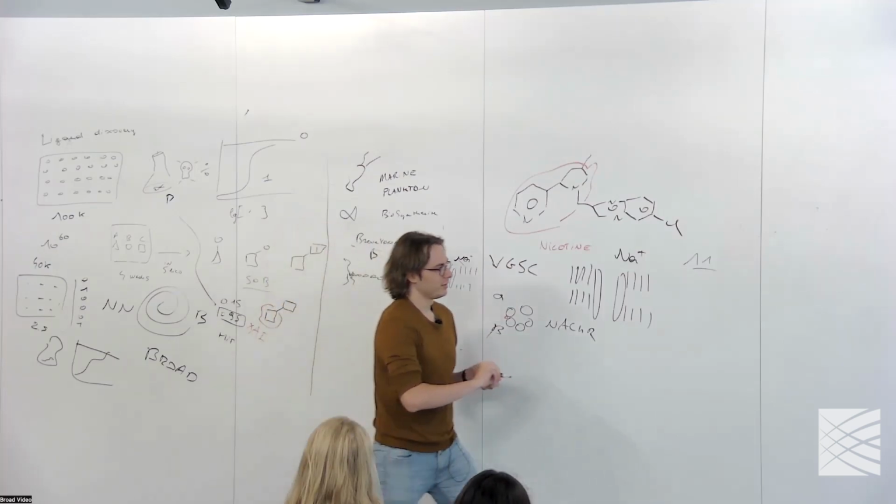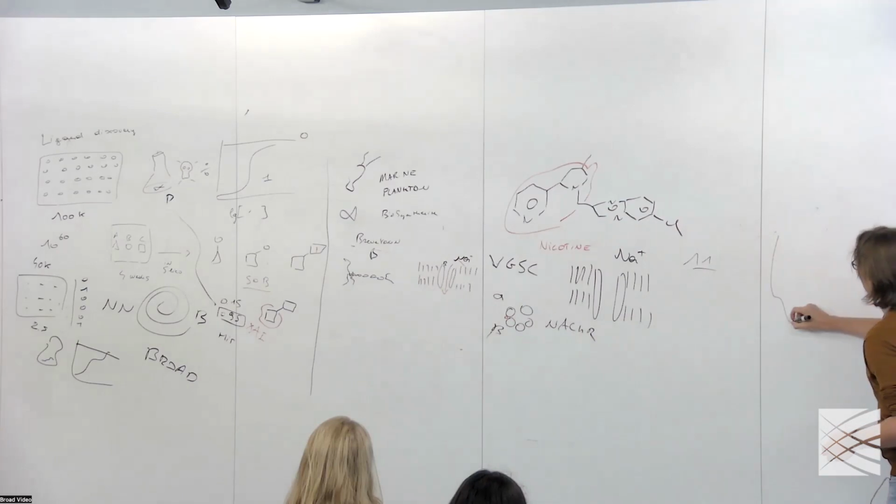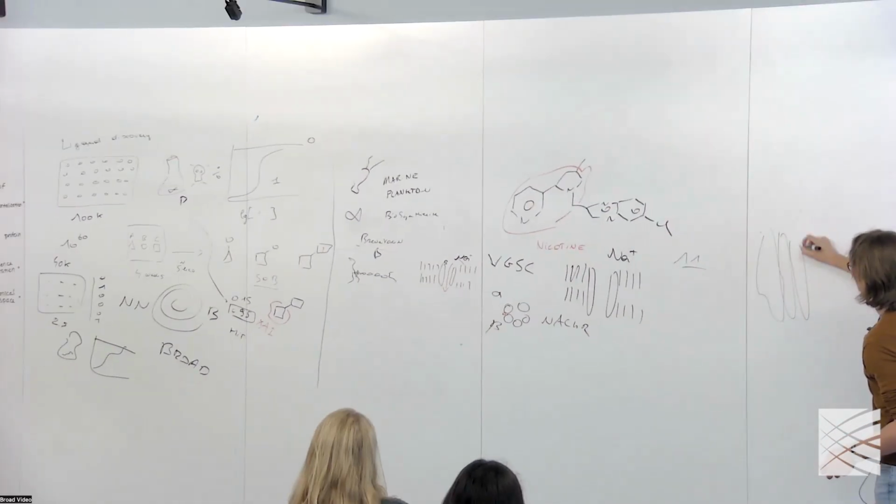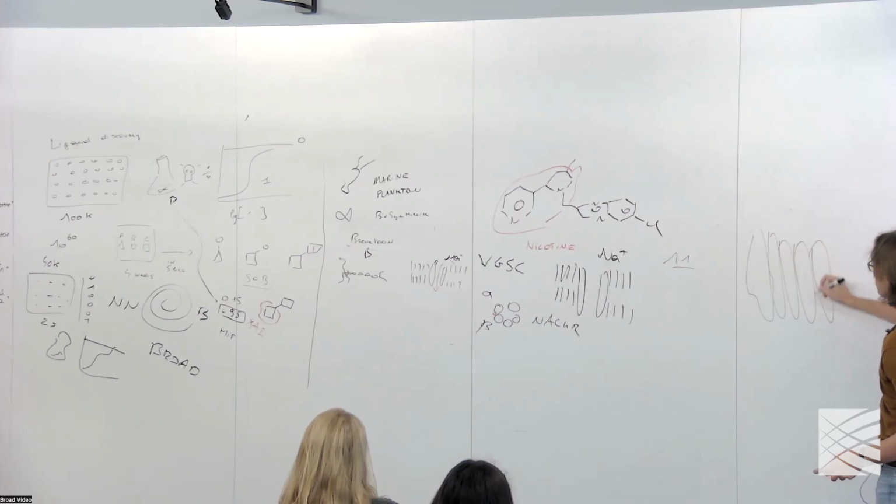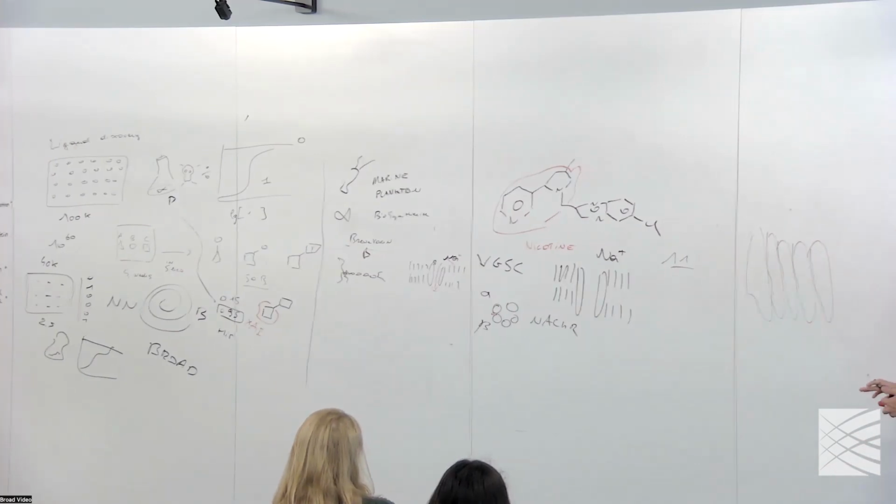So now that we have a specific protein structure in mind, this pentameric structure, there are experimental X-ray and cryo-EM structures of the nicotine acetylcholine receptor.